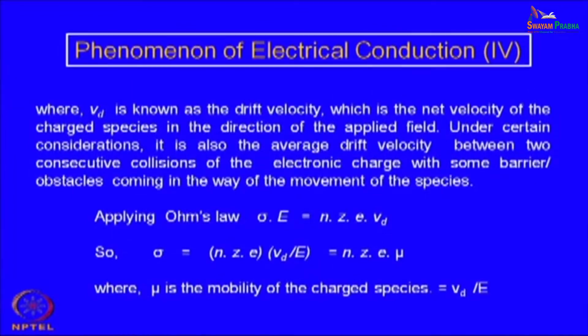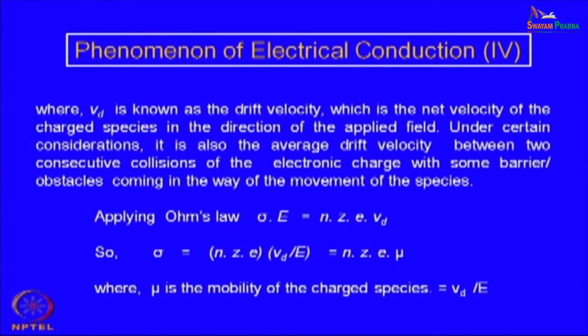V D is sometimes known as the drift velocity, which is the net velocity of the charge species in the direction of the applied field or in the reverse direction depending on the charge, either negative or positive. If it is negative, it will move in the reverse direction, if positive in the same direction. Under certain conditions, it is also the average drift velocity between two consecutive collisions.